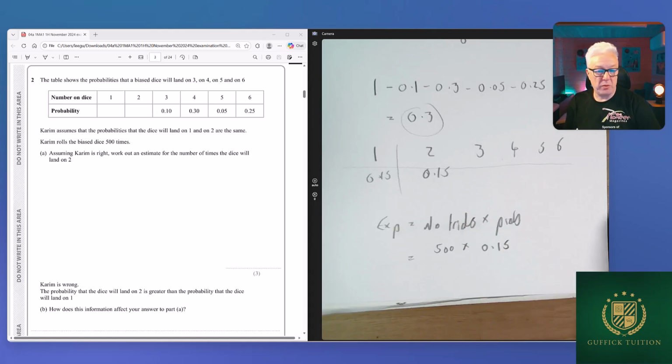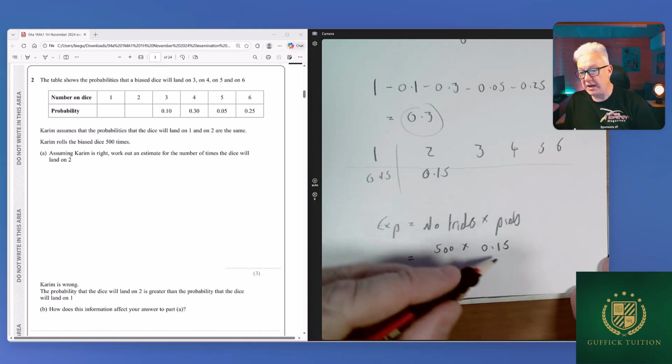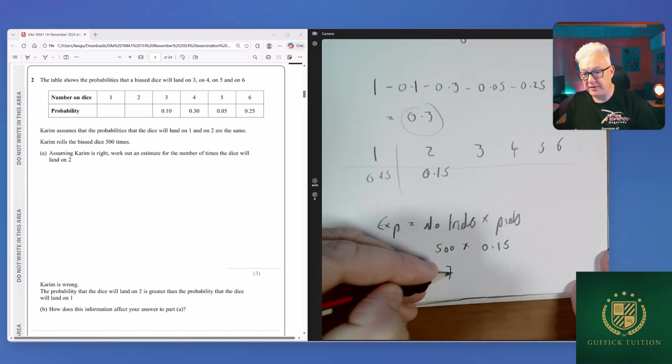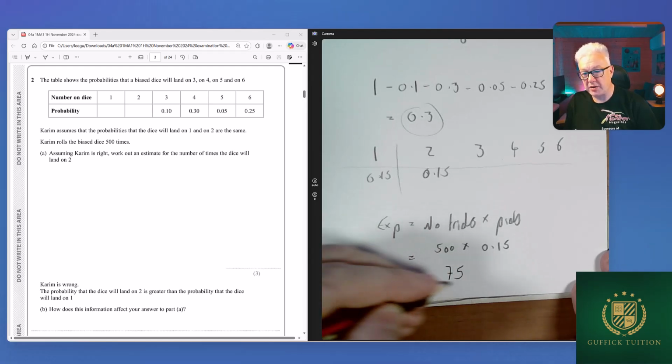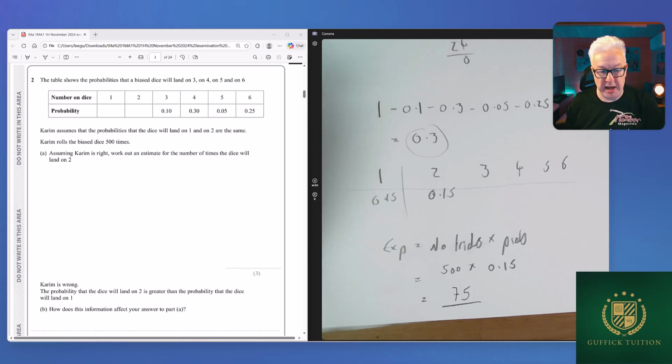We need to work out 15% of 500. 10% of 500 is 50, and 5% of 500 is 25. So 50 add 25 is 75, because remember, this is a non-calculator paper. So the answer to part A is 75.